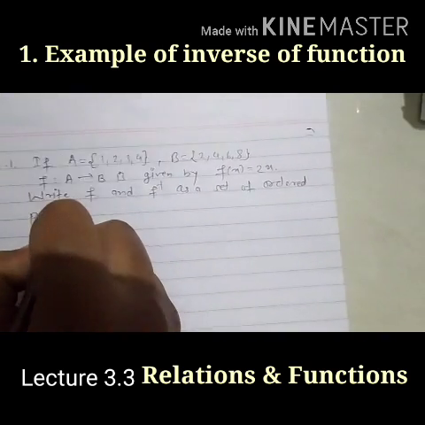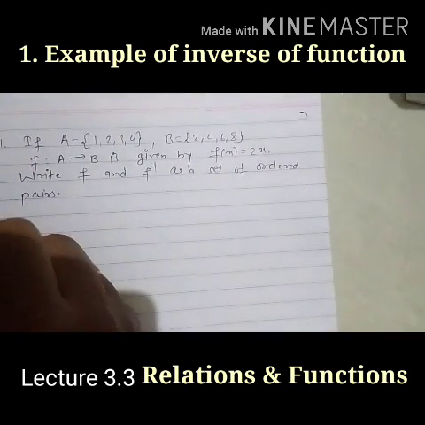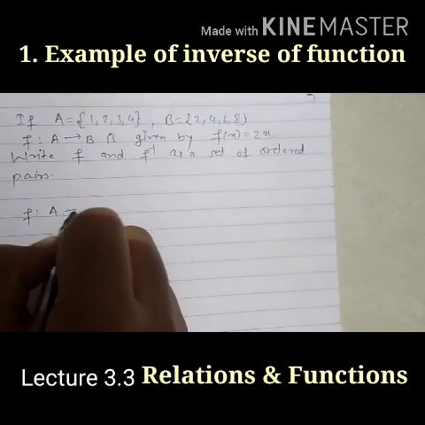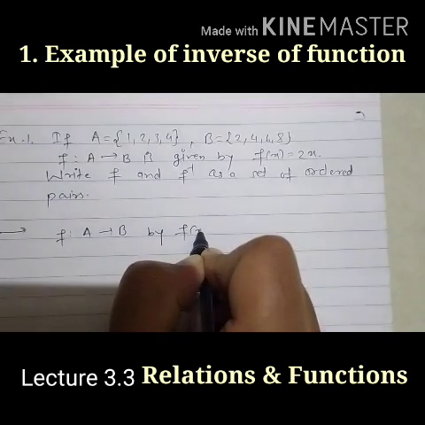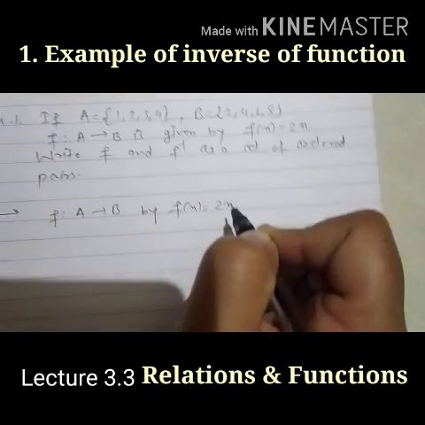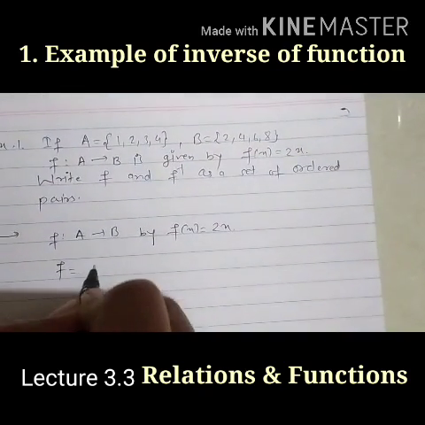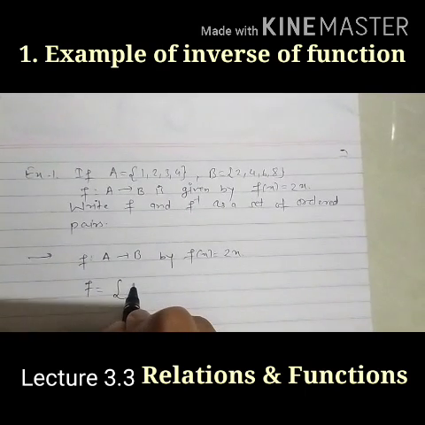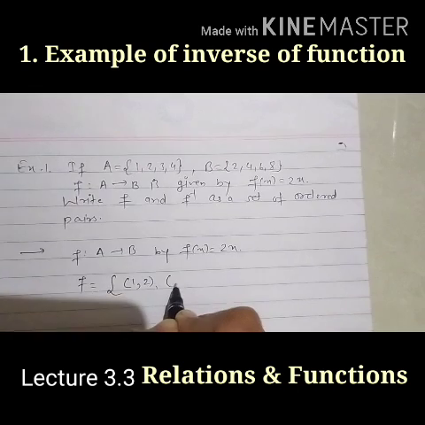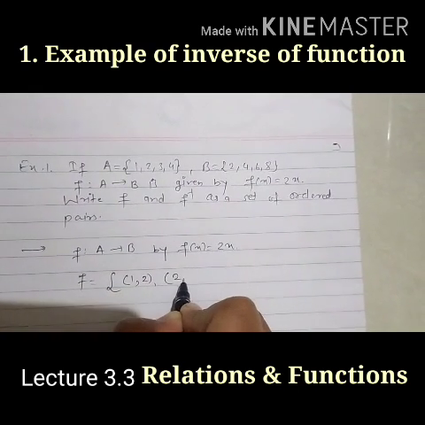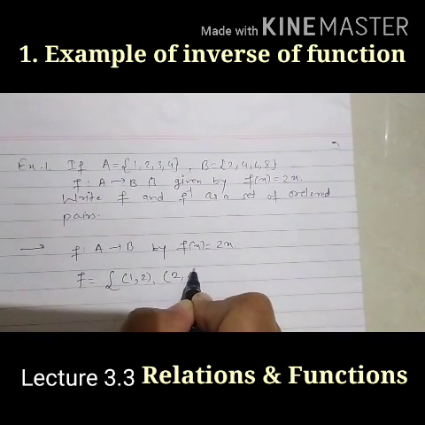Okay, now what is given? F from A to B by f x equal to 2x. So f will be the set having first element 1, 1 into 2 will be 2. Now second element 2, 2 into 2 will be 4.